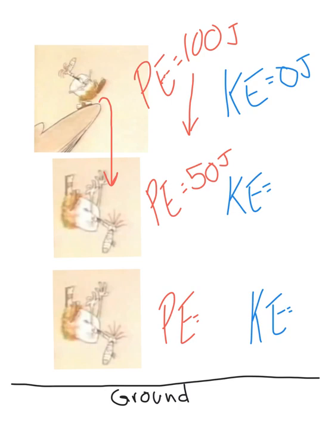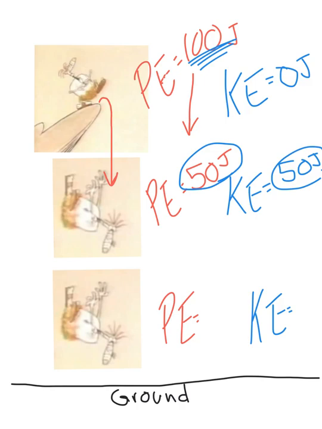That missing 50 had to go somewhere else. Now, it's not going to be exactly 50, since there's going to be air resistance and heat loss and all that. But just for this example, we'll say he has a kinetic energy of 50, because 50 plus 50 is 100, which is exactly what we started off with.